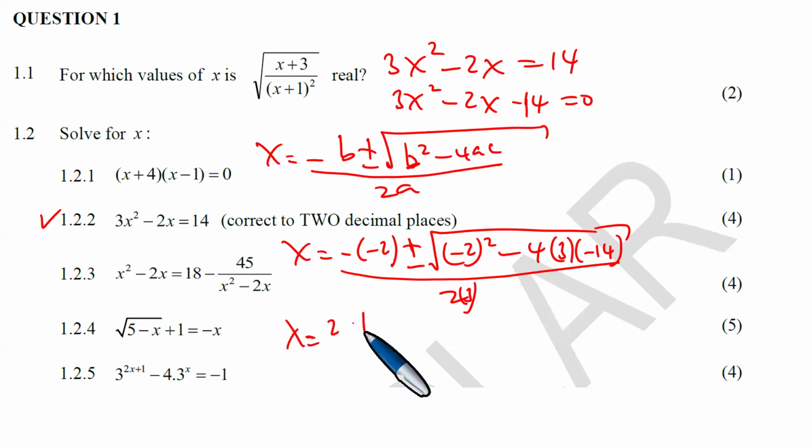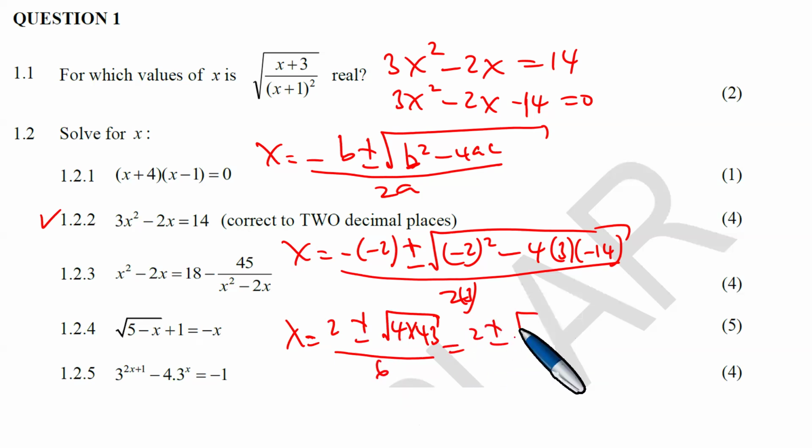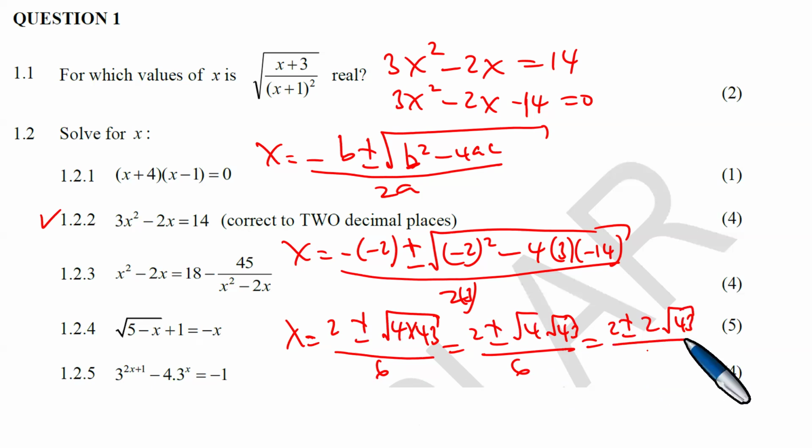So what we then have is plus or minus the square root of whatever we have under the square root, which is 172, that is 4 times 43, all over 6. 2 plus or minus the square root of 4 times 43, divided by 6. 2 plus or minus, the square root of 4 is 2, so 2 square root of 43, divided by 6.